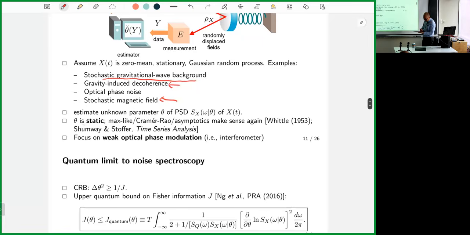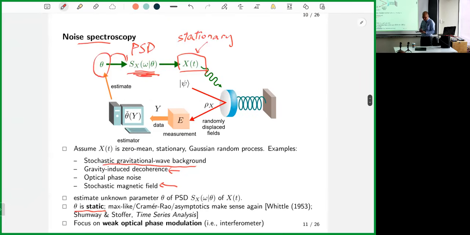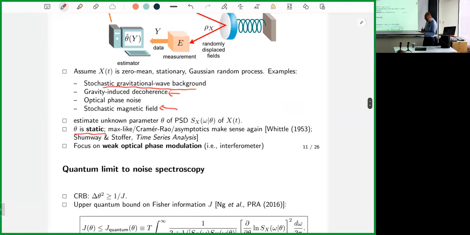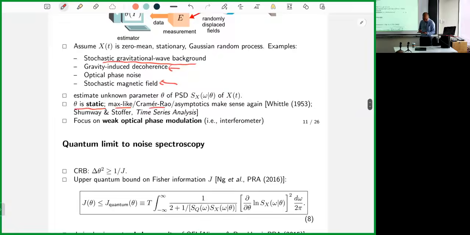Okay, the nice thing about this problem is that the unknown parameter is now pretty much static. Even though the waveform is changing, the parameter that is influencing the power spectral density is pretty much static. We can go back to maximum likelihood, Cramér-Rao bound, all these standard tools in statistics.